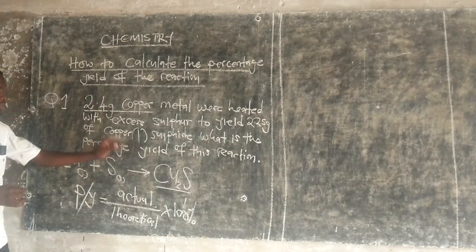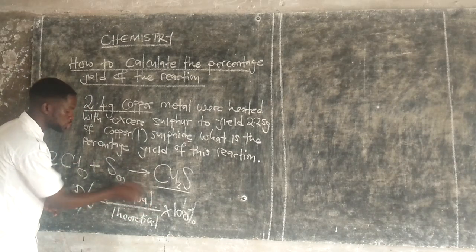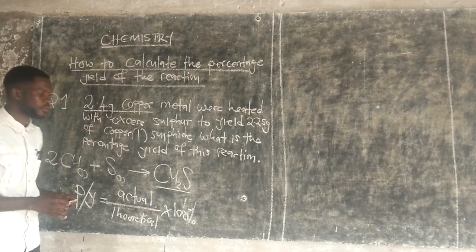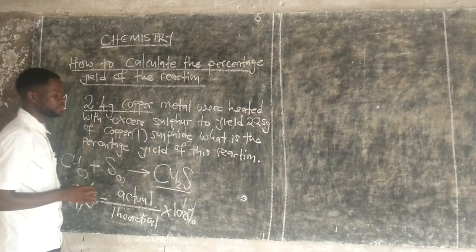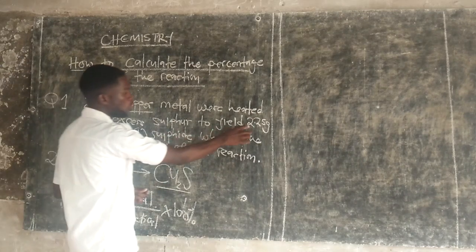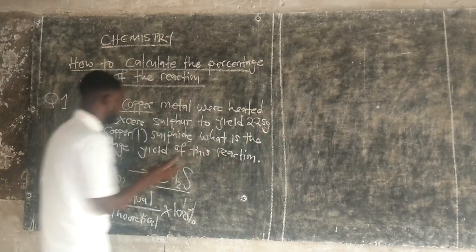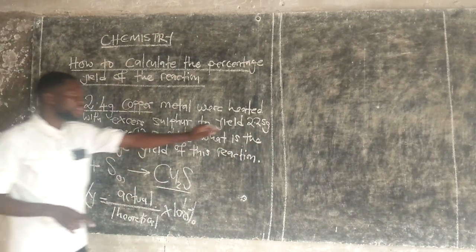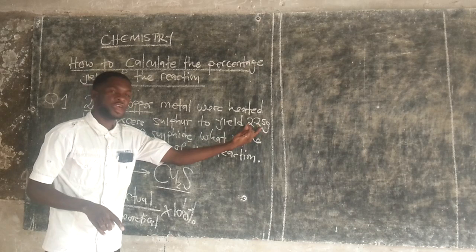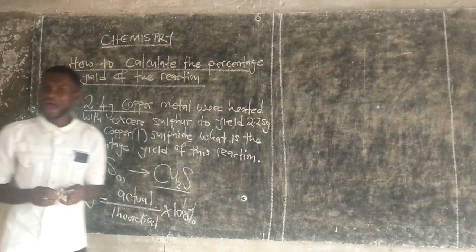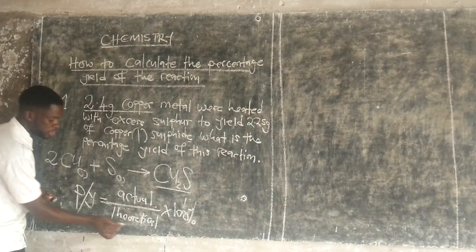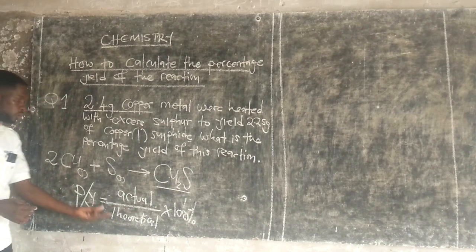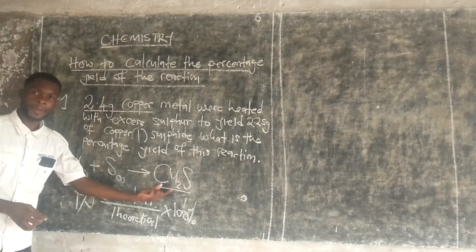In this reaction, we have been given the actual amount in grams for copper sulfate, which is 2.25 grams. So this one is what we call the actual, and we are going to calculate the theoretical amount of copper sulfate.